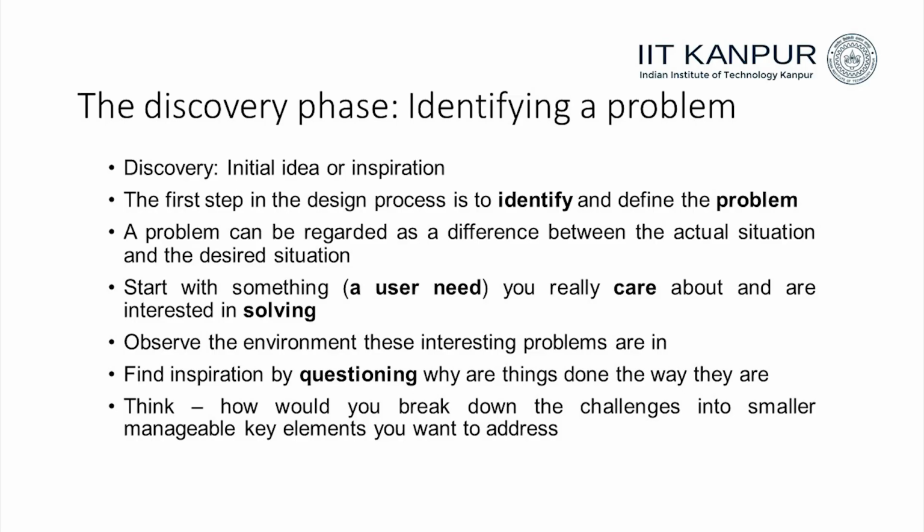Well, the actual situation is that India has never done it, right, and the desired situation is that the spaceship reaches Pluto and takes some photographs, or orbits Pluto and does some scientific observations. Okay. So, there is a gap between the actual situation and the desired situation, and that is our problem.